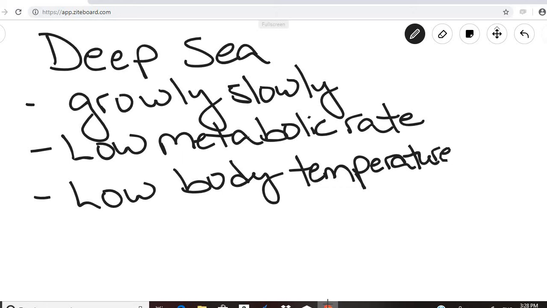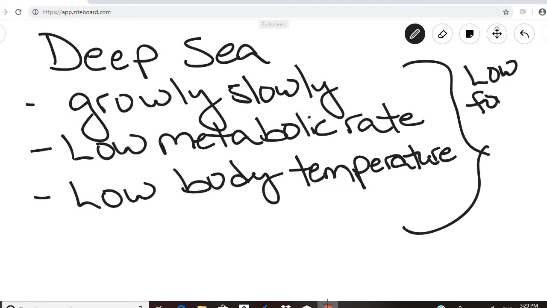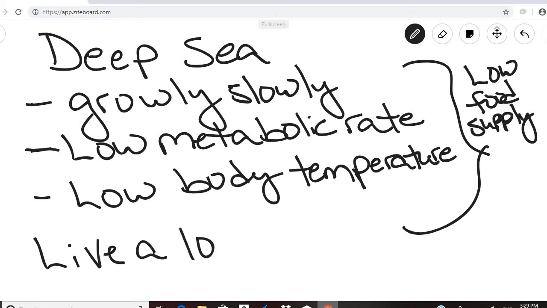And all of this is a way for them to deal with the fact that there is a low food supply. So they need to try to conserve as much of that food supply as they can. And because of these things, as far as we know, they probably live a long time. Even though they don't have much food, they have ways of conserving that food, and they probably live a long time.